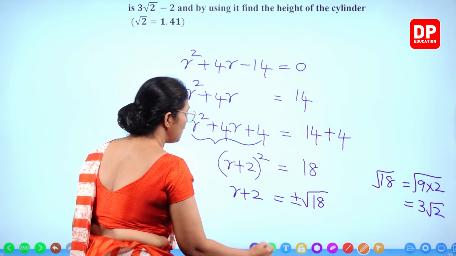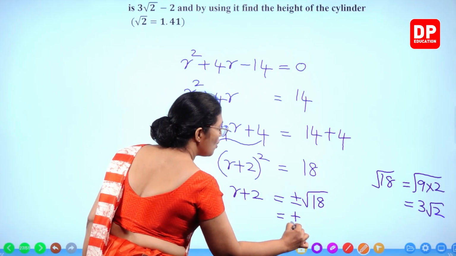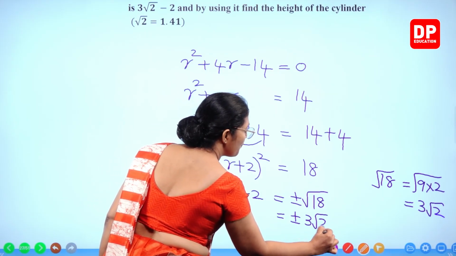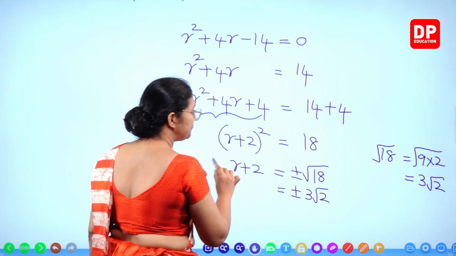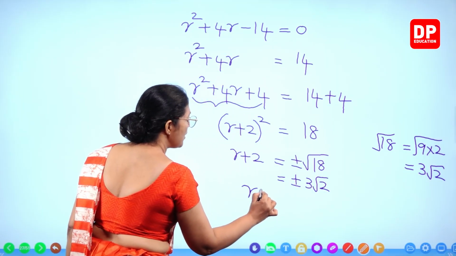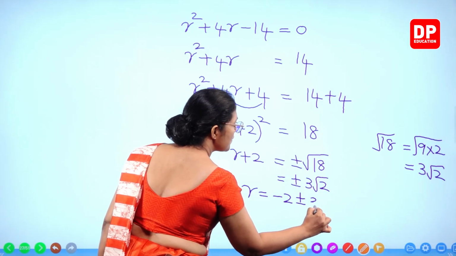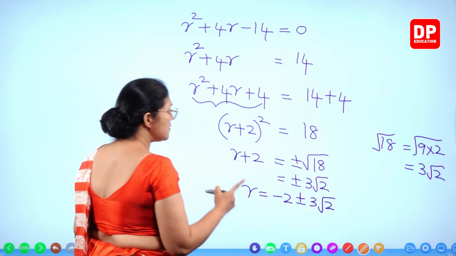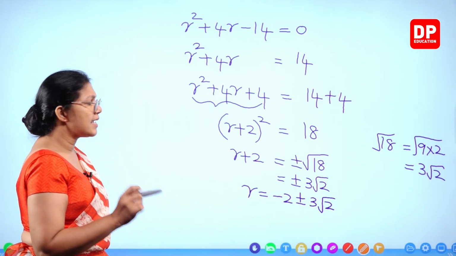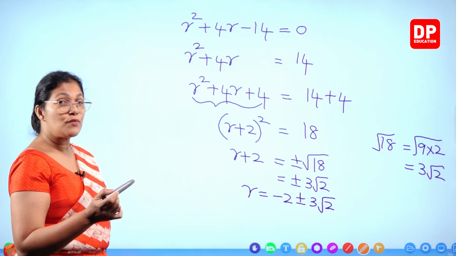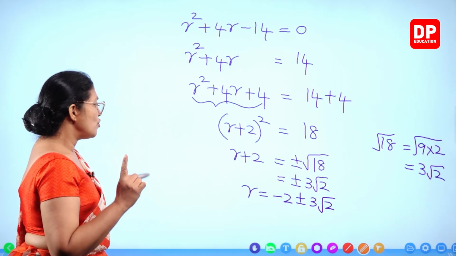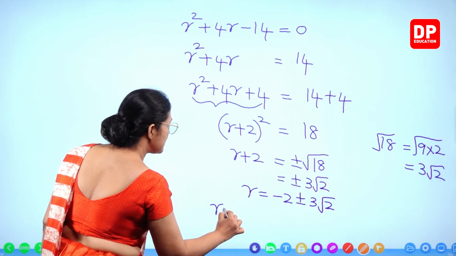So you can simplify this one to 3 root 2. Then what is r? R becomes minus 2 plus or minus 3 root 2. This is the radius. Can you get a negative answer for a radius value? You can't. So you have to take only the positive answer.